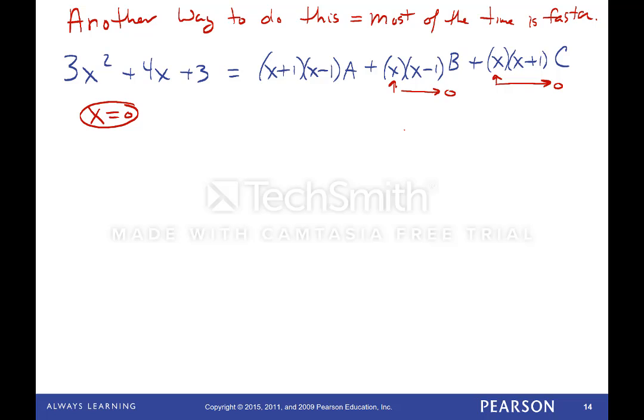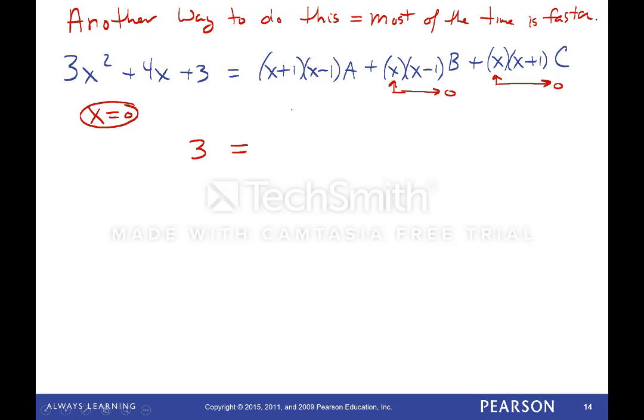That's what we want to focus on: things that will zero out the other variables of a, b, c. So if I plug 0 into x squared, I get 0 times 3, and 4x is 4 times 0, which is 0. So on the left-hand side, I just get a 3.